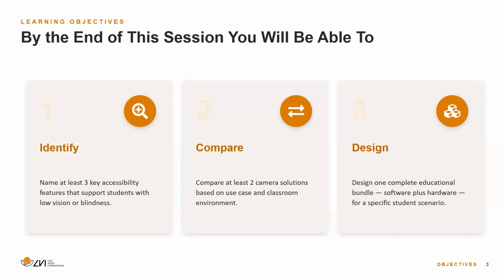The second thing you should be able to do is compare at least 2 camera solutions based on use case and classroom environment. And the third thing is, you should be able to design at least 1 complete educational bundle, software plus hardware plus some additional peripherals, for a specific student scenario.